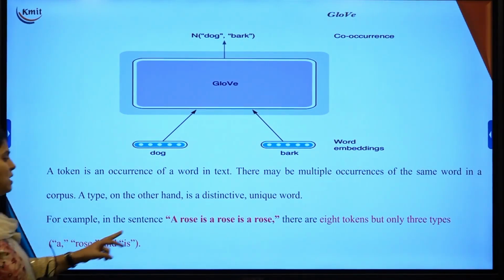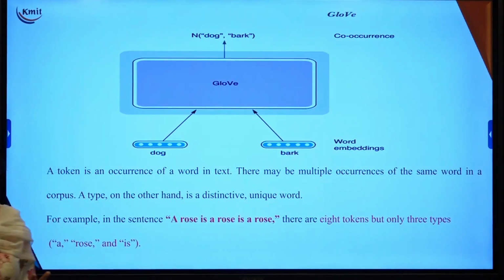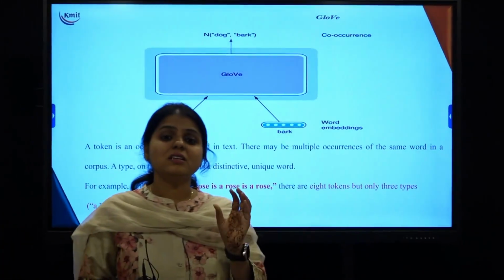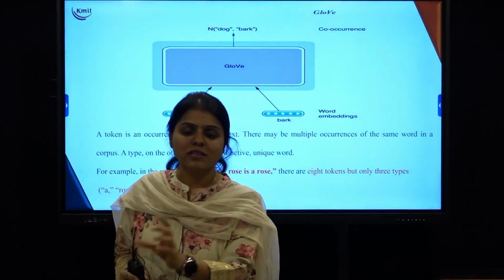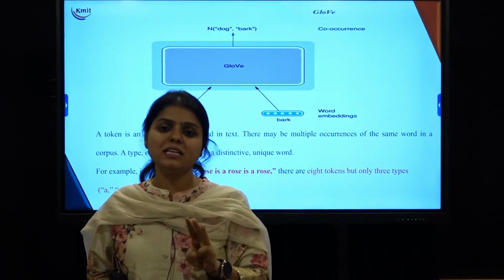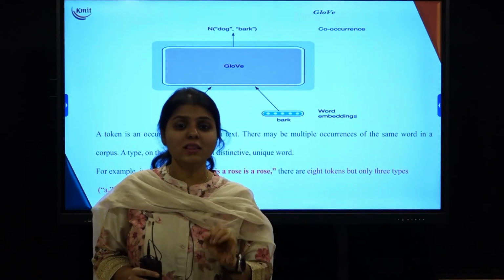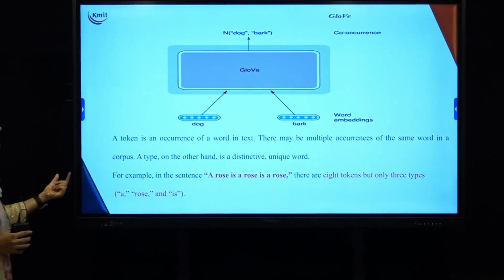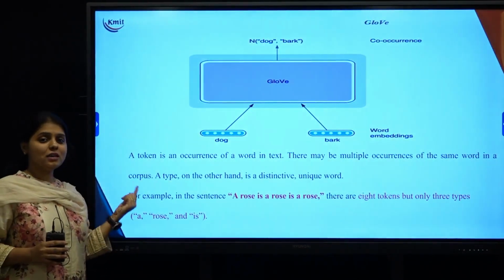What are those 3 types? A is a type, rose is a type, is is a type. So when you talk about occurrences, we consider the type. Though there are 8 tokens in this, I have only 3 types: a is one word, is is one word, rose is the third word. So GloVe takes into consideration the types, wherein the repeated occurrences would be eliminated.